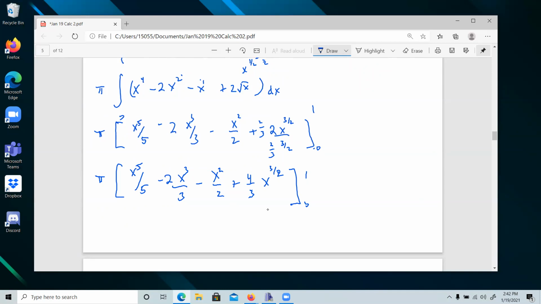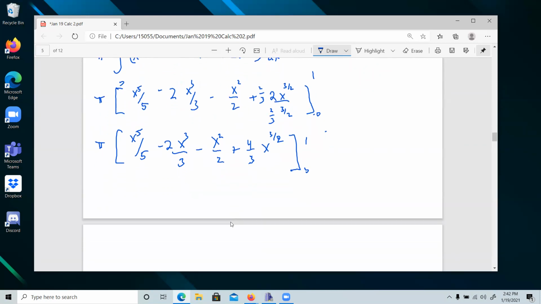You can see when I put in 0 for all of this, it all disappears. It's not like I have a cosine over here or anything like that. Put in a 1, you're all set. So here we have pi times 1/5 minus 2/3 minus 1/2 plus 4/3.